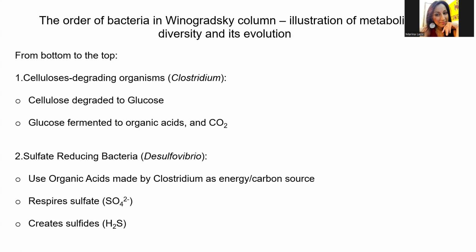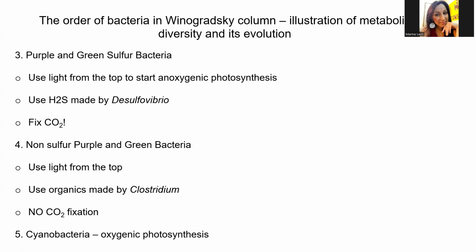That means on top of that will be bacteria that can actually consume this sulfide, purple and green sulfur bacteria, and they have to be closer to the top because they need light available. So they will use the hydrogen sulfide made by Desulfovibrio, and they will fix carbon dioxide. On top of them will be the non-sulfur bacteria.